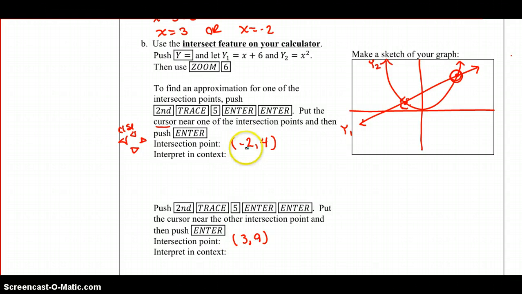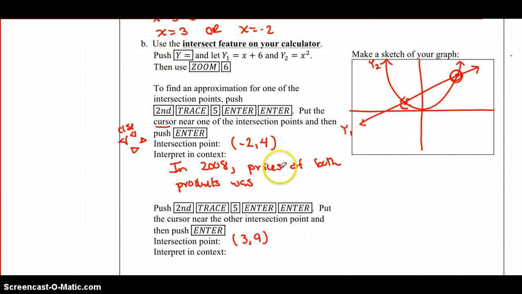So this tells us in context that in 2008, the price of both products was $4.